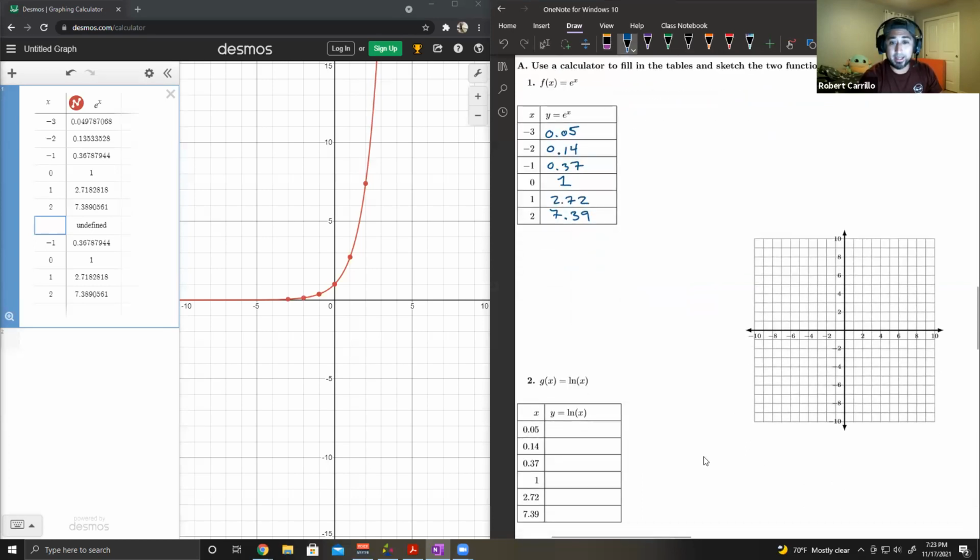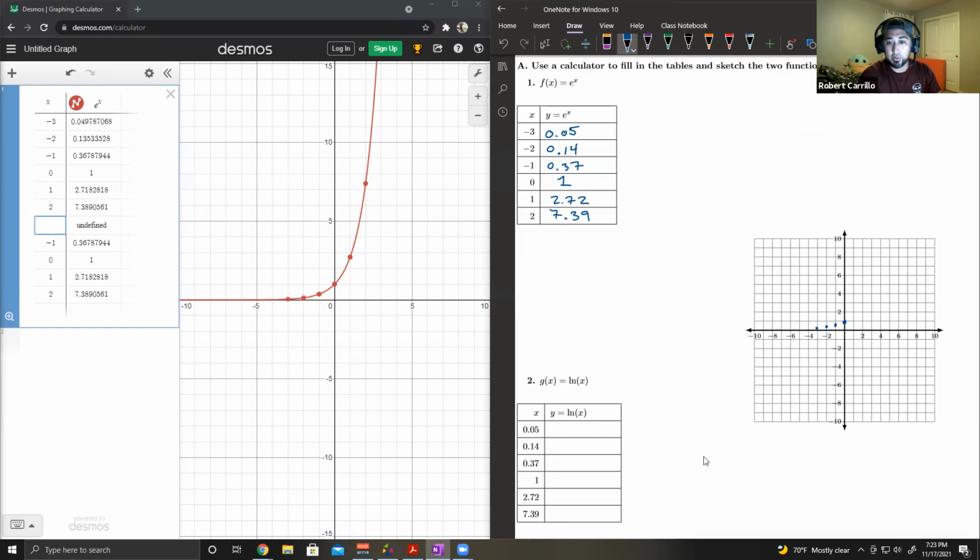Okay. Now we can go ahead and graph this down below. So at -3, I'm at a nickel, so 0.05. So at -3, we're right here, barely above the x-axis. And then at -2, we're at 0.14, not much higher. And then at -1, you're at positive 0.37, still not much higher. And then at 0, you're at 1.